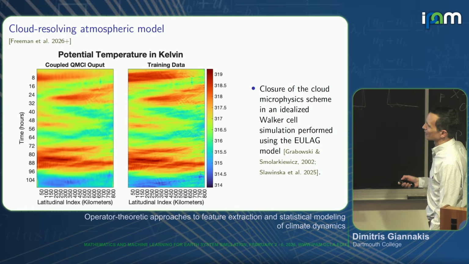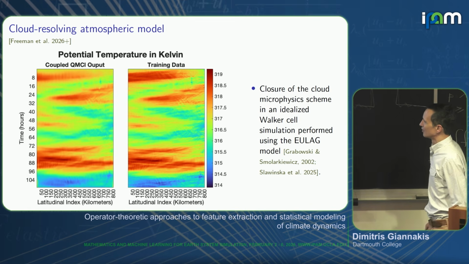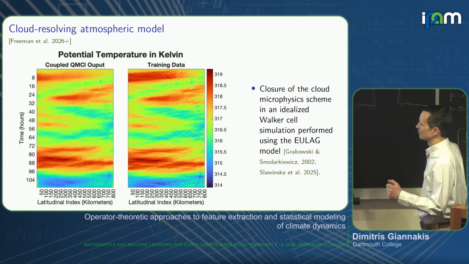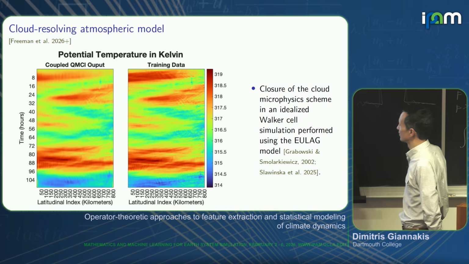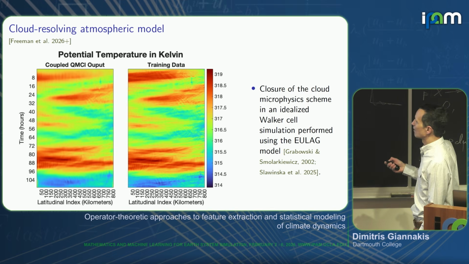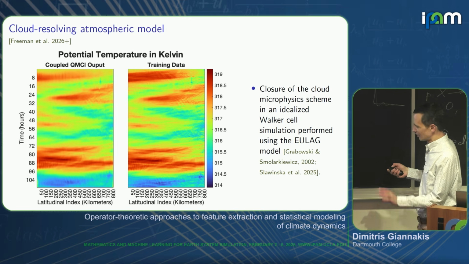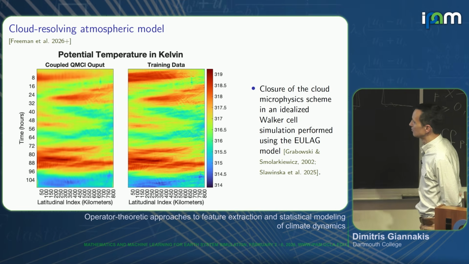This is work in progress, so there's a large number of caveats here. We're still working on this with my student David Freeman and postdoc Chris Vales and Joanna Slawinska over at Dartmouth. We are looking at a closure of the cloud microphysics in an idealized cloud resolving model in 2D.